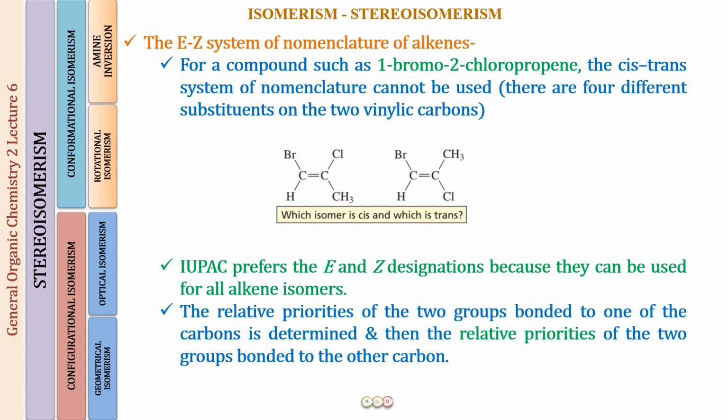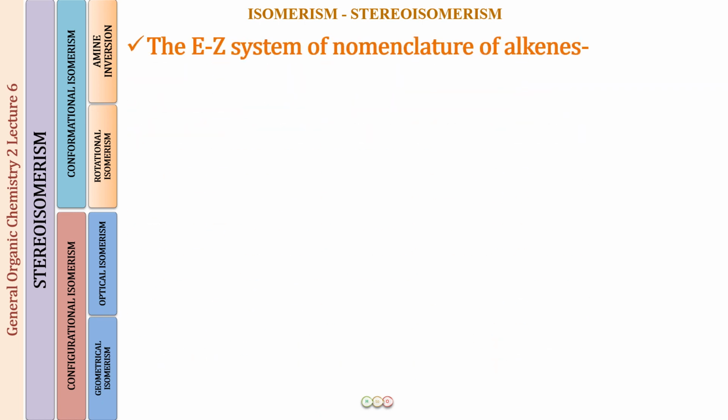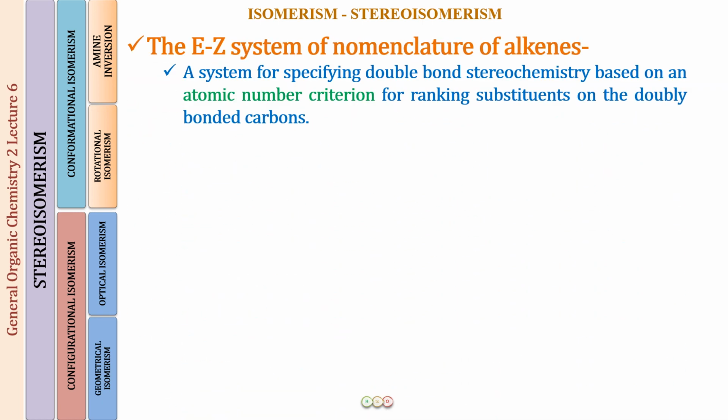Now what do I mean by that? Let me explain. This is a system of nomenclature of alkenes. This is a system for specifying the double bond stereochemistry based upon an atomic number criterion for ranking the substituents on the doubly bonded carbons. With the help of this atomic number criterion, we are going to rank the various groups present on the two carbons, and this is going to help us give the spatial arrangement of those atoms on the two carbons.